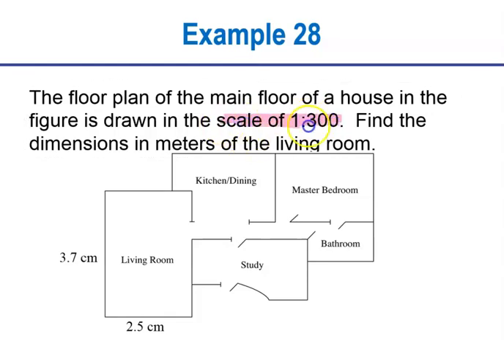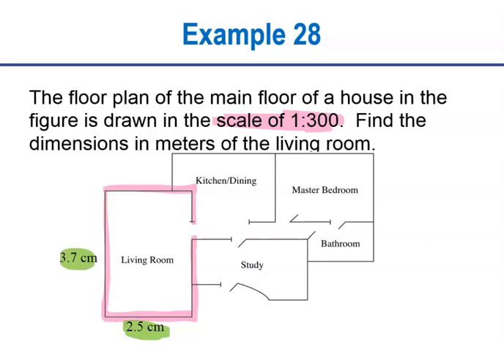There we go. There's the pen. Okay, 1 to 300. It says find the dimensions in meters of the living room. So here's the living room. We're supposed to find the dimensions in meters of the living room. And if you'll see, they give us 3.7 centimeters is the length of this vertical line. 2.5 centimeters is the length of this vertical line.